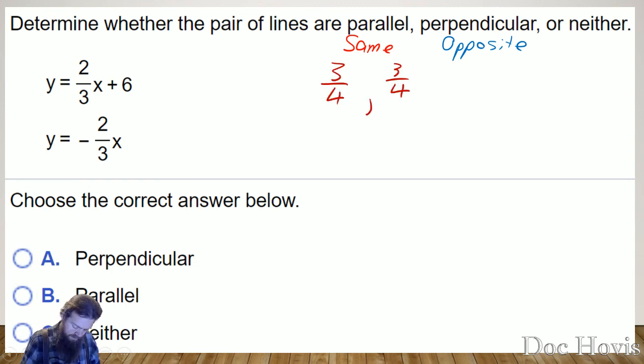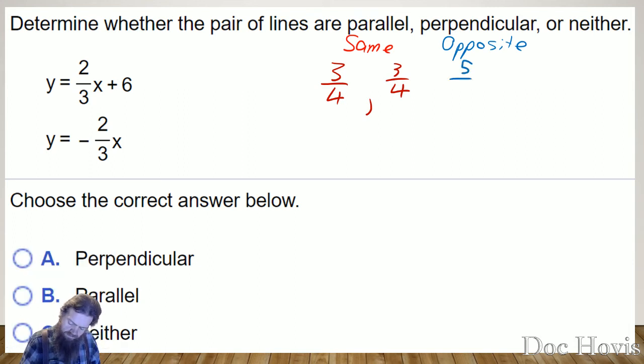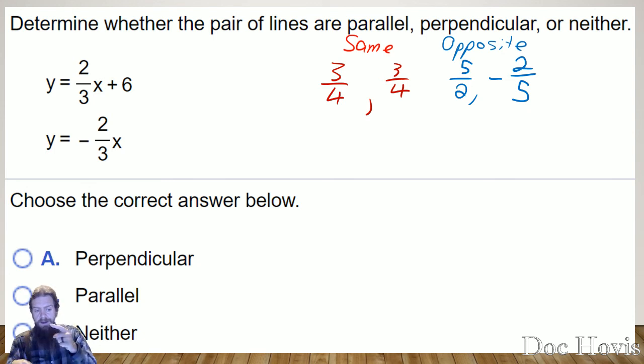Opposite would be saying 5/2 and -2/5. That's really opposite. That means not only does it change sign, but it's flipped. Neither, you can kind of guess, it's like 3/7 and 2/9. It's not the same or opposite. I'm not giving you an example for that one. You can make your own example up for that.